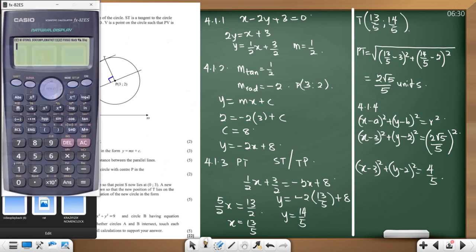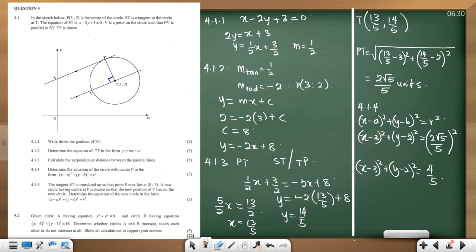You can recheck. We have 2 root 5 over 5, and I needed to say squared, so I'm just going to square this answer: 4 over 5. Lovely. Now, 4.1.5. Let's get a fresh page.